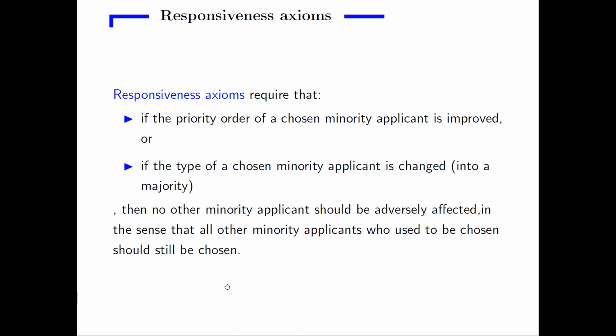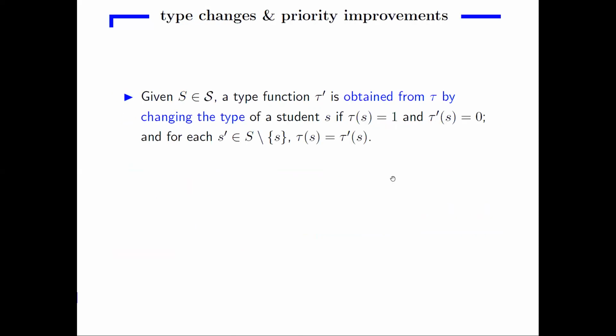But for the formal part, I need to define what I mean by a minority applicant being improved in the priority order, and what I mean by a minority applicant's type turning into majority. So I will define these two notions.